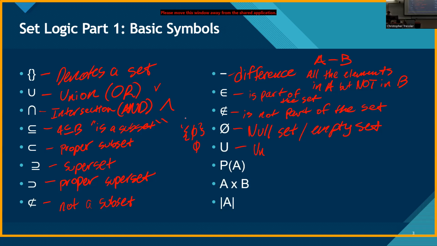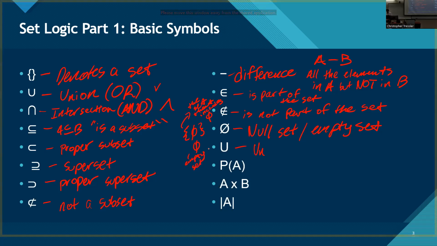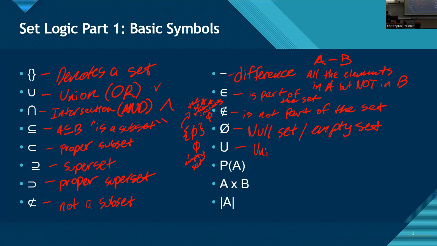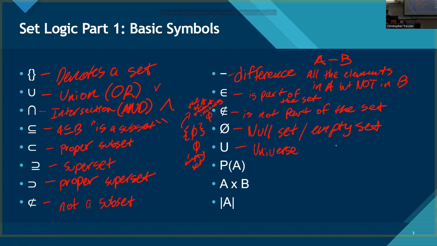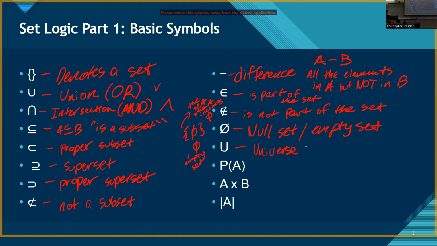What this is saying is this is the set that includes null. And this is just the empty set. See that? Okay. So anyways, this means your universe of discourse, which is everything that is included in a set: your domain, range, codomain, whatever you want to call it, everything that you could include.